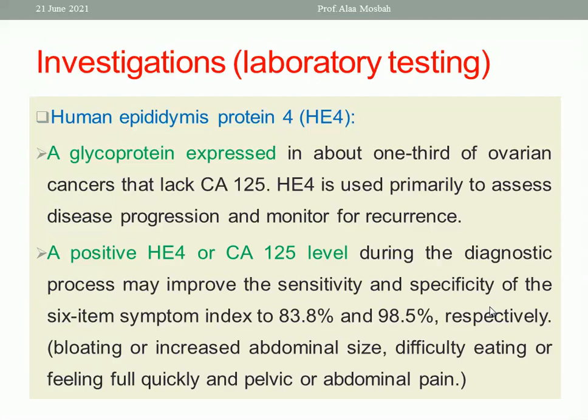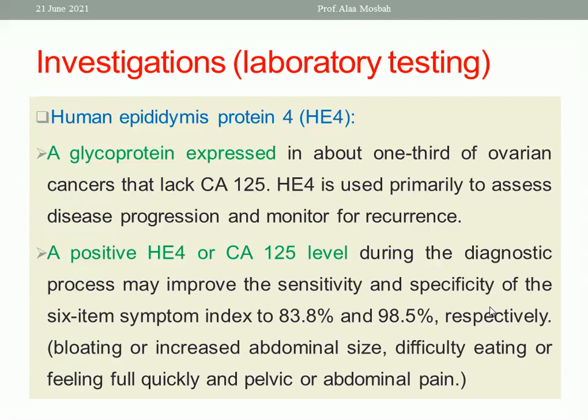So, what if I used both tumor markers, human epididymis protein 4 and CA125? This will improve the sensitivity and specificity of the 6-item symptom index to 83.8% and 98.5% respectively.